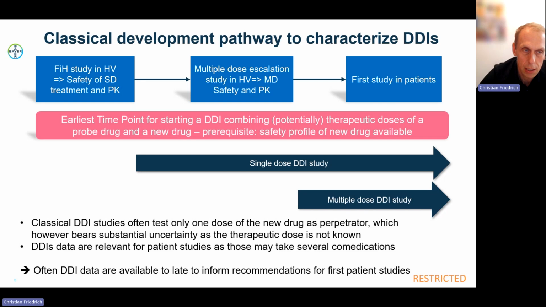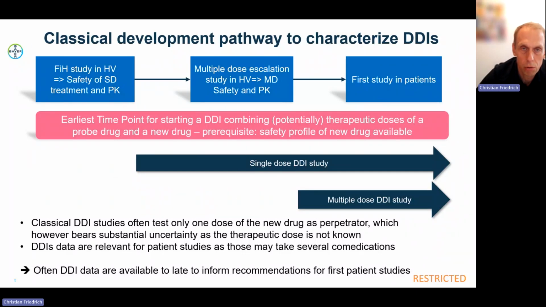Now, DDI data are relevant for patient studies, as those patients, and that's the next study here, may take several co-medications. With the current approach, we often get the drug-drug interaction data too late to inform recommendations for the first patient study.